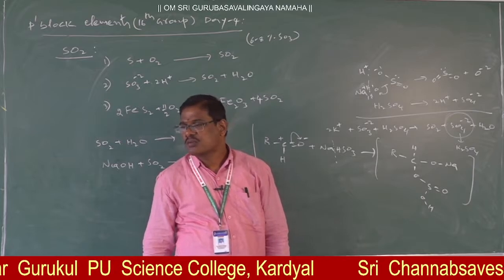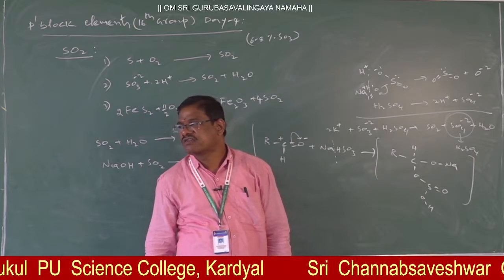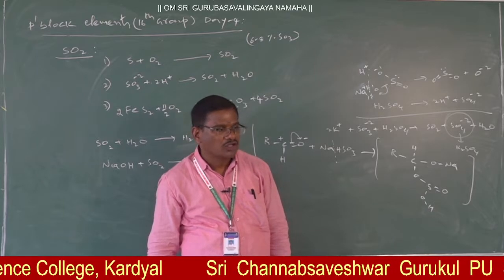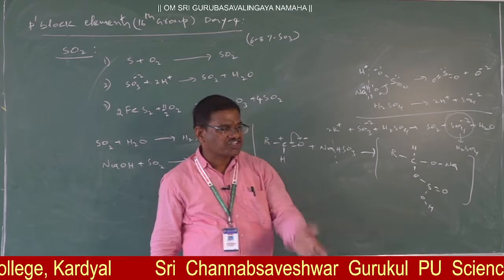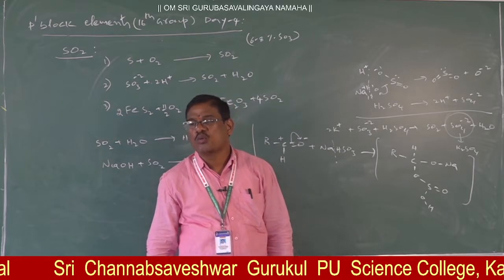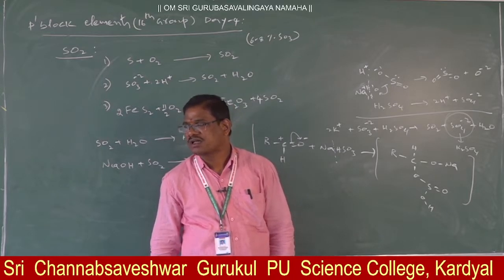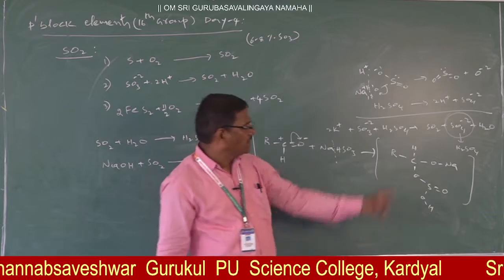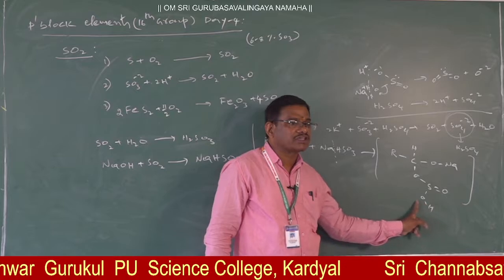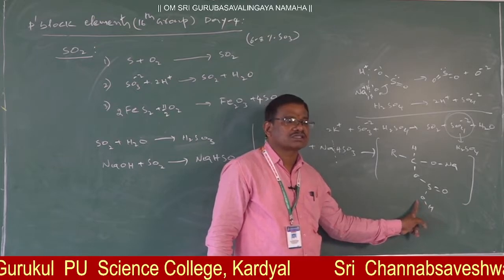Correct? The carbon and hydrogen electronegativity difference is almost negligible. Thus covalent bonds are able to form. Does a covalent bond on fission undergo heterolysis or homolysis? Homolysis. During homolysis, free radicals are going to form. H free radical, whereas here it is H plus, because it is attached to the more electronegative oxygen.